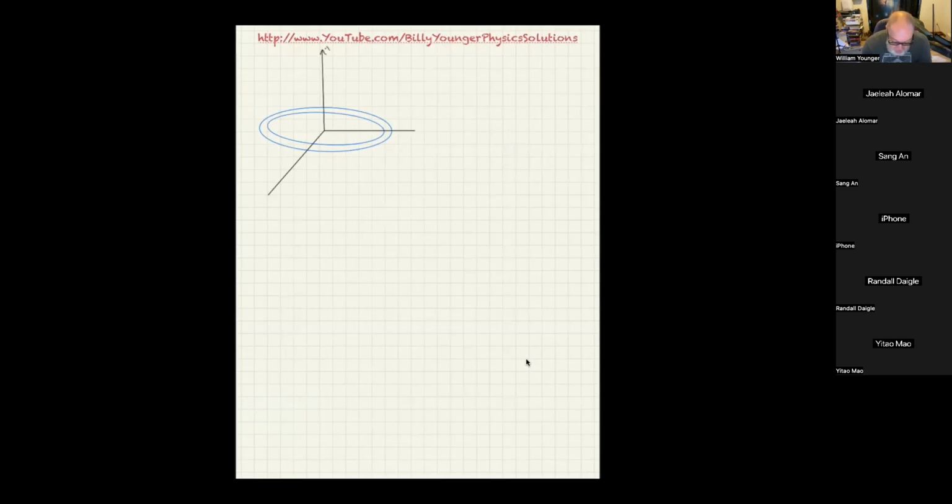That's my z-axis. This is my x-axis, and this is my y-axis. I'm going to say this has a radius of R. And what I want to know is what is the electric field at this point, 0, 0, z.